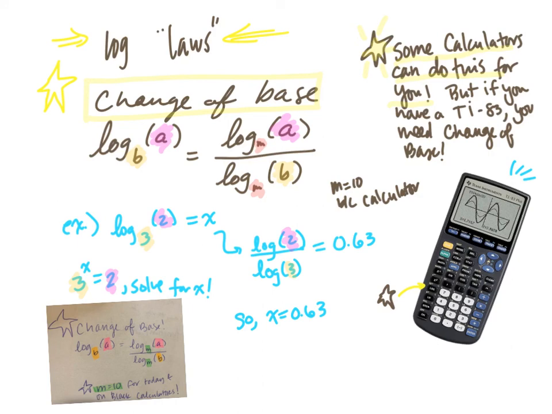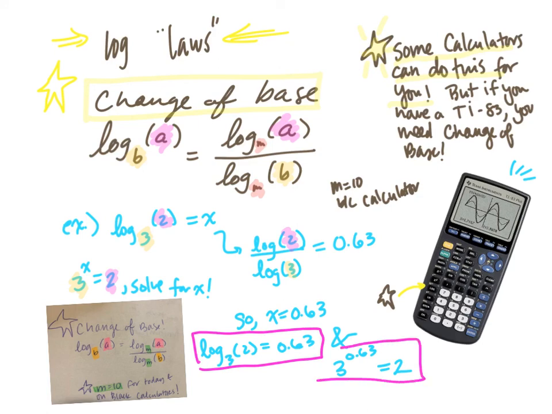Now you can write log base 3 of 2 equals 0.63, and 3 raised to the 0.63 power equals 2. Those are two powerful statements that you can say now that you know the answer. So that's what we're doing. We're just solving for x. Right? Yeah? Okay.